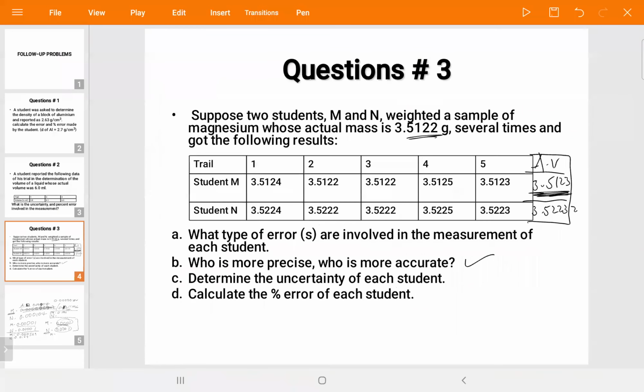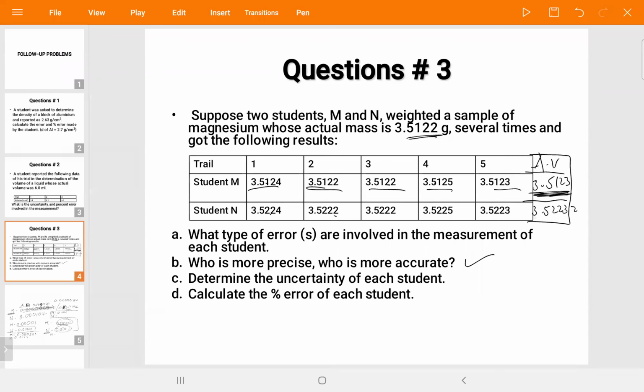Are we all clear on this now? For example, to decide which is accurate, we add these individual values and then divide them by 5. Similarly, we take the sum of these numbers divided by 5.